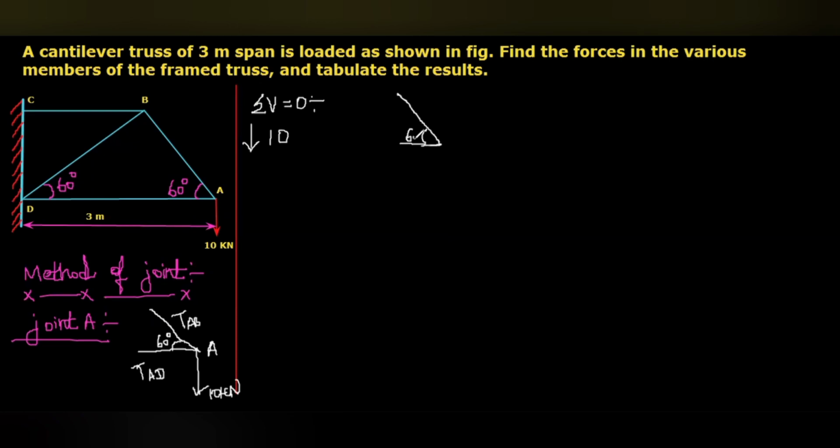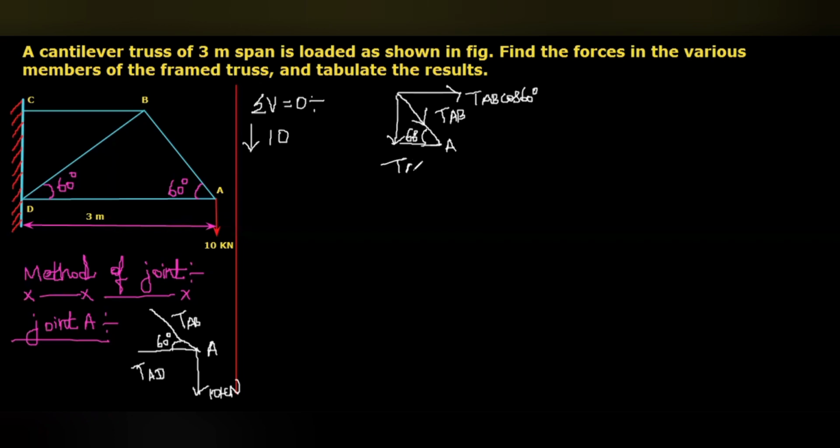In case it acts downward, for understanding purposes, I am going to consider both cases. If it acts inwards to joint A, then we can resolve it into two components. The horizontal component, TAB cos 60, will act towards the right side.